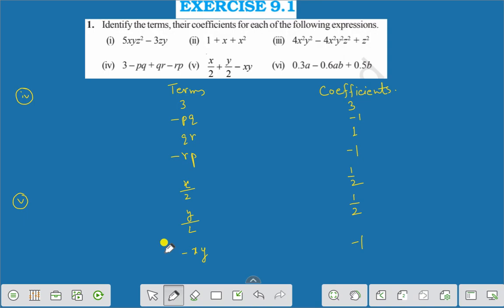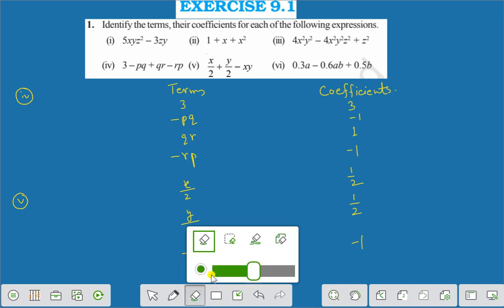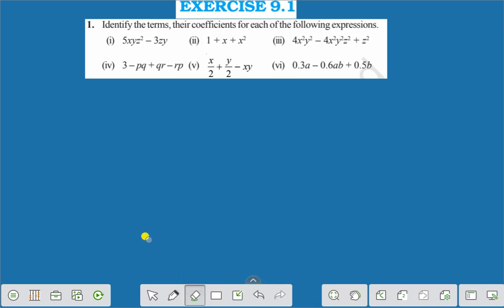Now question number 6. Let us solve question number 6. This is the question. These are the various terms, and these are the coefficients.